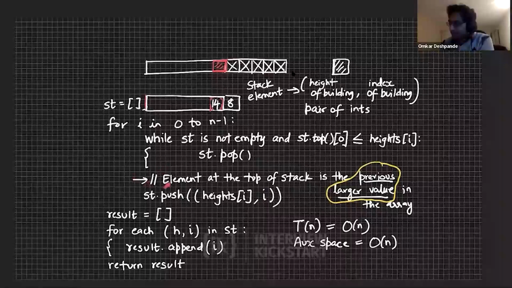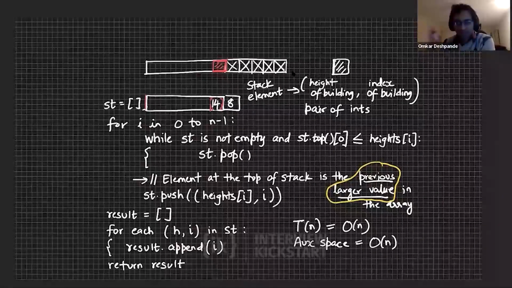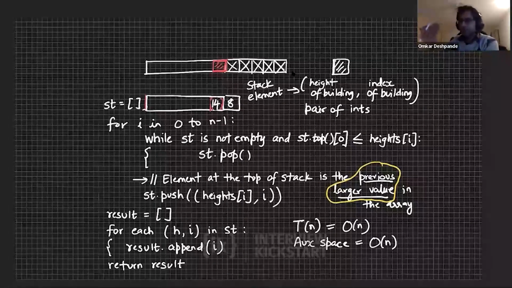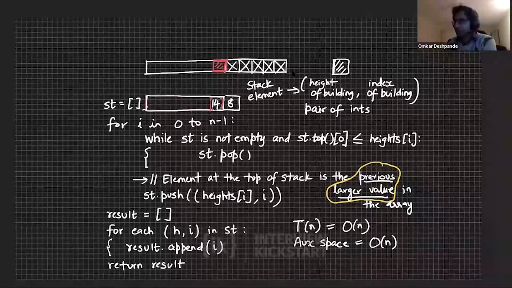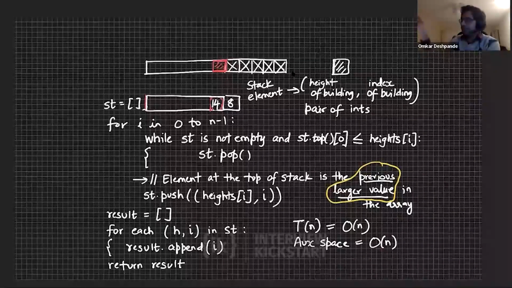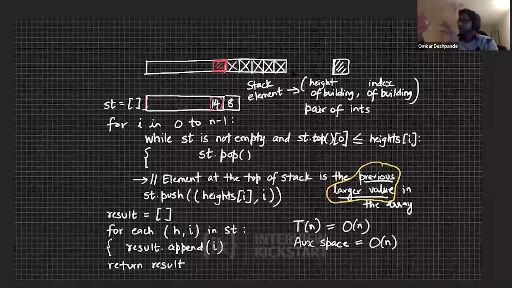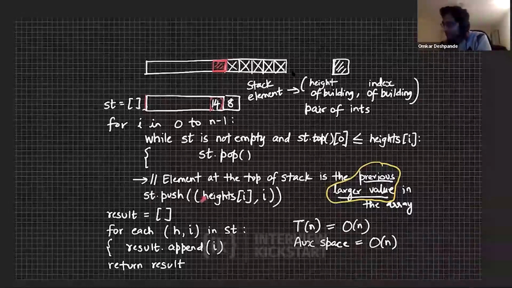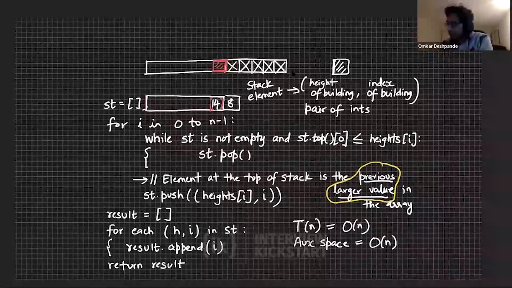And then once we exit the while loop, we would be at the next larger value, or you can say the previous larger value in this problem. But if we go right to left, that's like going left to right from the backside. When you're looking at the array from the backside, nothing would change. It's just that the direction would be right to left, and the index you're starting from would be n minus 1 instead of 0. So you would continue to process the next larger value in whatever way you want.